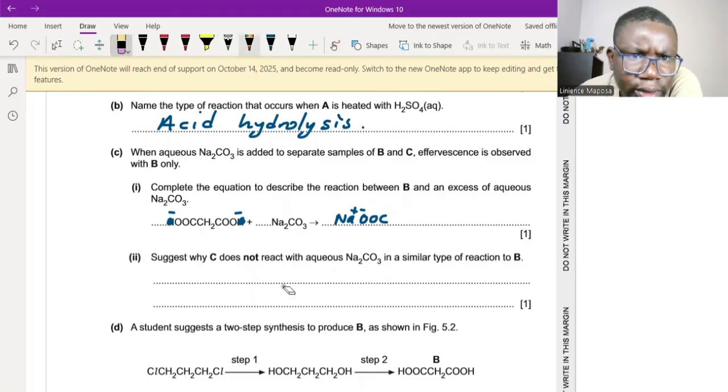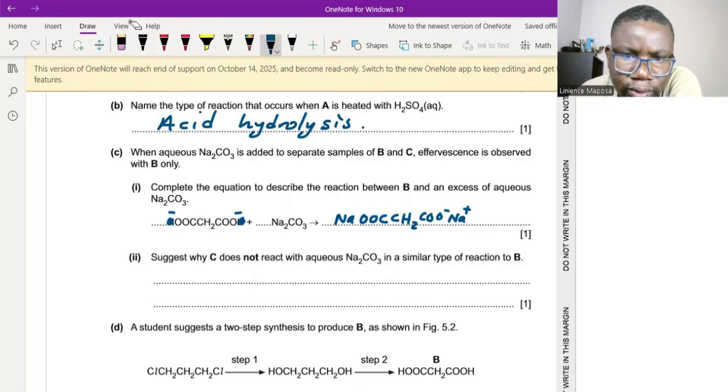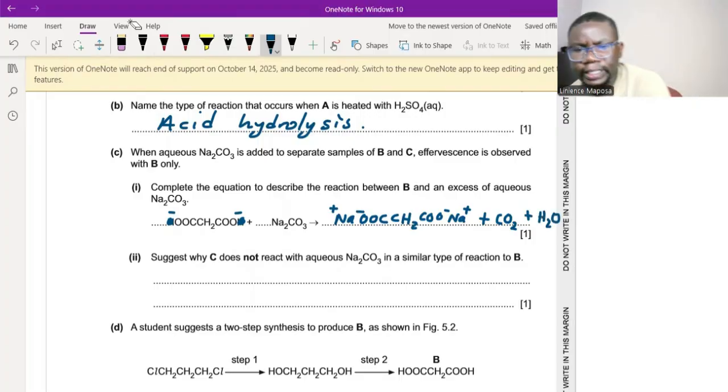I'm realizing I missed a carbon, didn't I? This one, CH2, and then you're going to have COO minus Na plus here. And then what happens is you're going to have carbon dioxide, as we know there's going to be effervescence. There's going to be carbon dioxide, what else? And water. Where did the hydrogens go? And the water, like that.